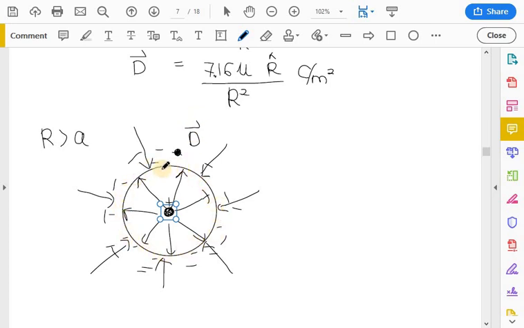Am I right? How about this one? Do I need to consider the electric field line due to this positive charge? Or do you think this flux line will terminate somewhere else outside?